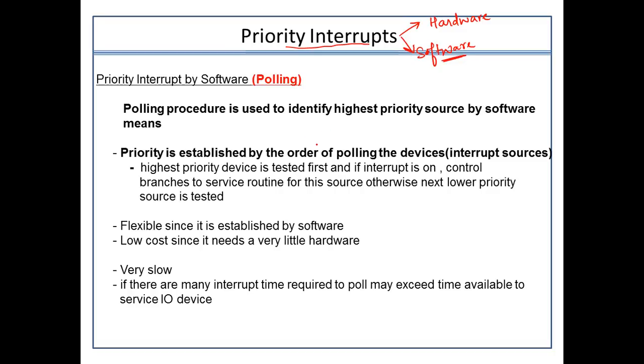Software is simply a term we are using: we have designed software whose responsibility is to look at the priorities being assigned. We predefine a priority for each and every device. If the magnetic disk is present, it will have more priority in comparison to the keyboard or other peripherals like printers. So we have this design.